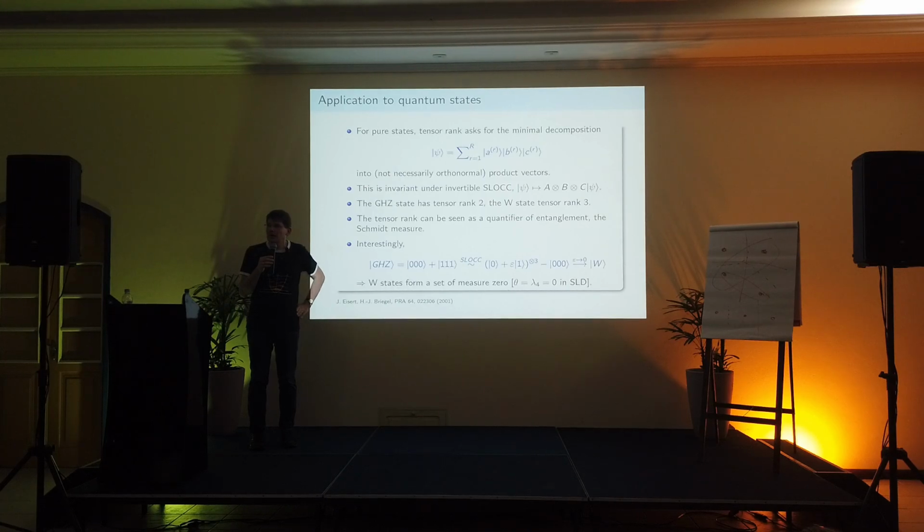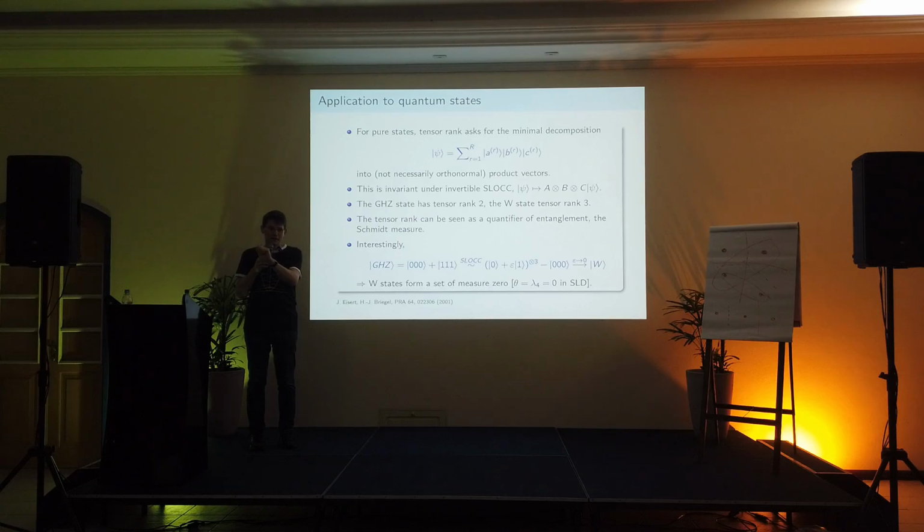It's a good question. In general, we have an infinite number of classes, but I think typically some of them are still a full measure. But I think it's difficult to make general statements. For instance, if you go to 3 qubits, 2 times 2 times 2, or scenarios like 2 times 3 times 3, you still have a finite set of SLOCC classes.